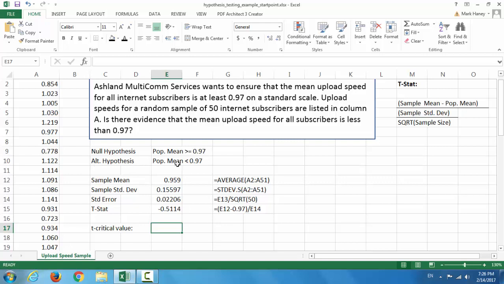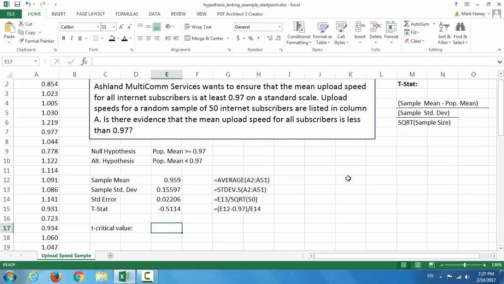That evidence can only come in the lower tail, or the left tail of the t distribution for this t-statistic. Why? Because the smaller the sample mean is compared to the hypothesized population mean, this will be a negative number, and it'll be more and more negative, a larger negative number. And that'll be in the lower tail.